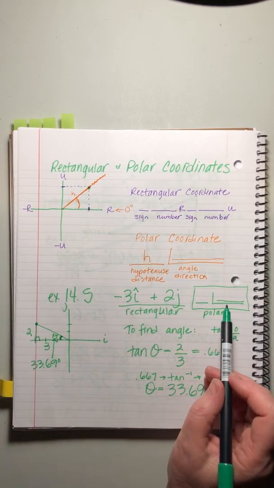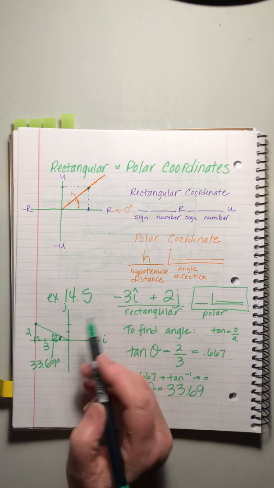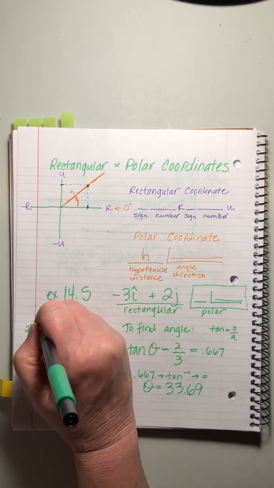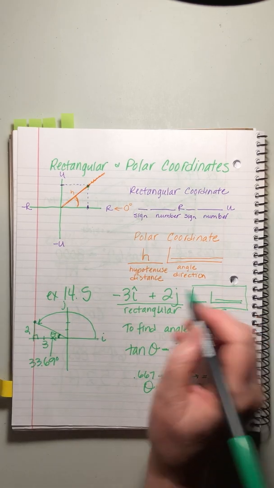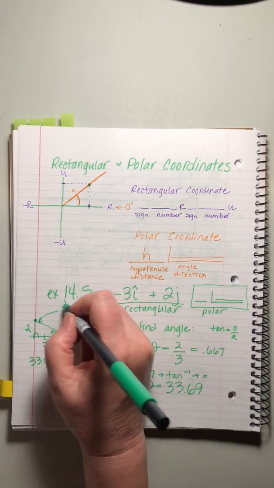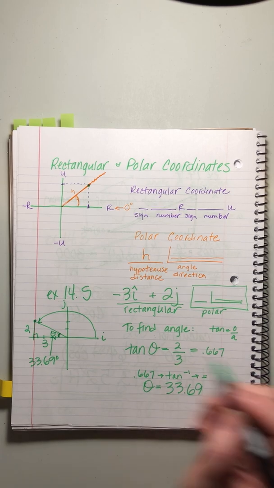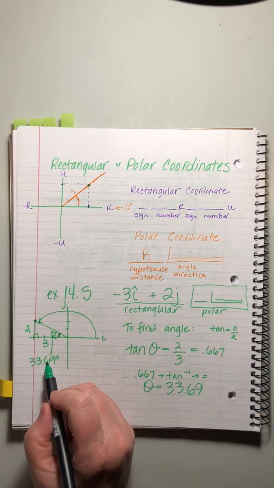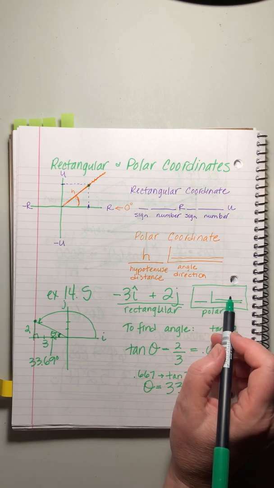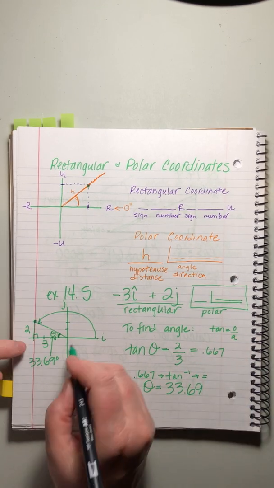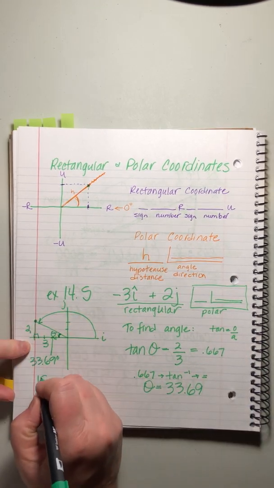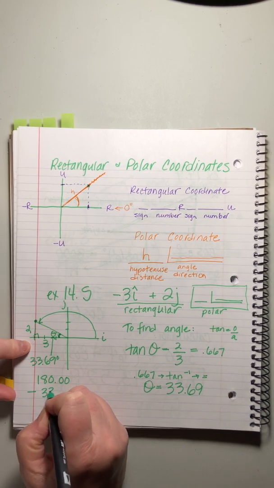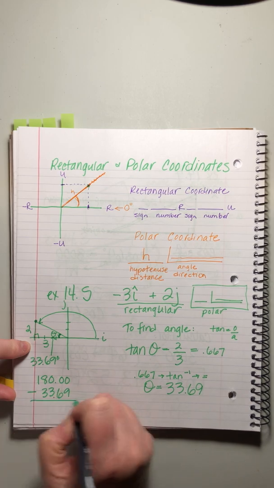But when we write a polar coordinate, we don't want this angle. For a polar coordinate, we want this angle, right? That's how we use this information. We start at the horizon and we go this way, assuming that it's positive. And that's the measure that we want. So 33.69 is helpful, but it doesn't belong in this box. What we need to put in that box is the full 180 degrees minus the 33.69.